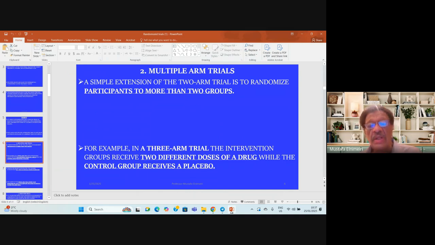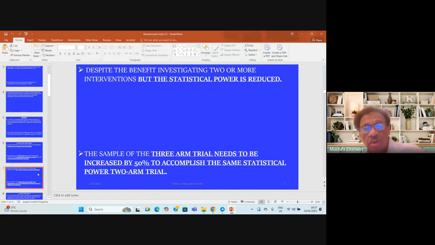For example, in a three-arm trial, the intervention group received two different doses of a drug, while the control group received placebo. Despite the benefits of investigating two or more interventions, here we have to be very cautious, because the statistical power is usually negatively affected.